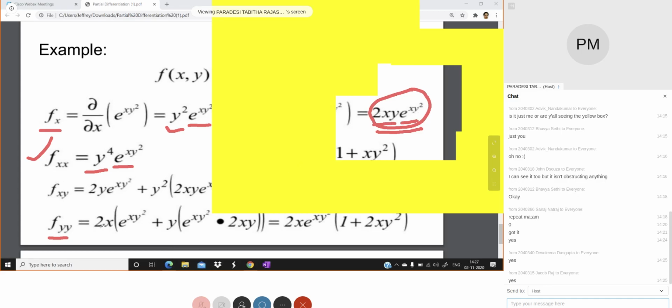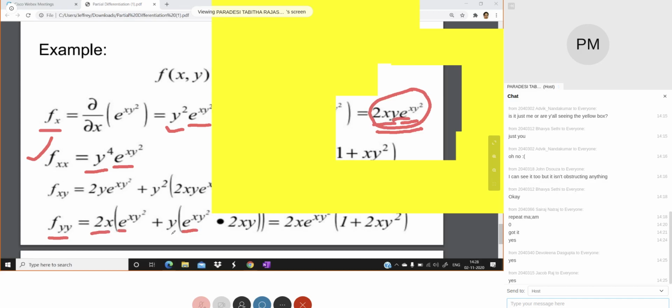So 2x we have taken ahead, and then apply the product rule on the remaining terms. 2x is a constant that we're writing ahead, and then you differentiate just the y e power xy square. Now, if I apply the product rule, the derivative of y is 1 and e power xy square comes as it is. Next, e power xy square comes as it is, and the derivative of y is 1, e power xy square came as it is.